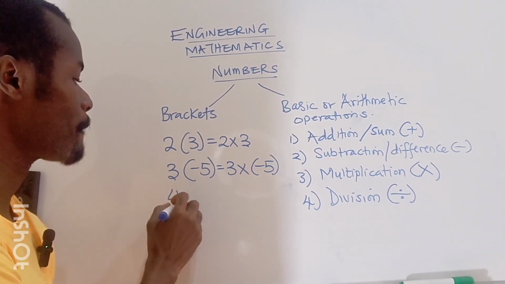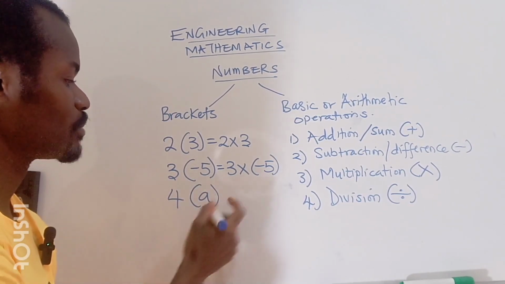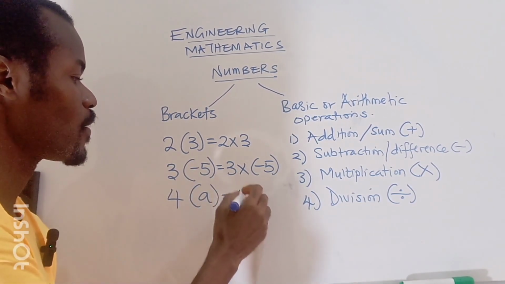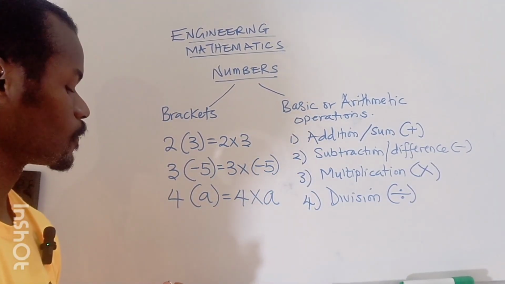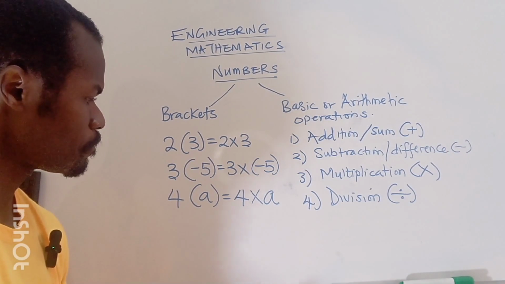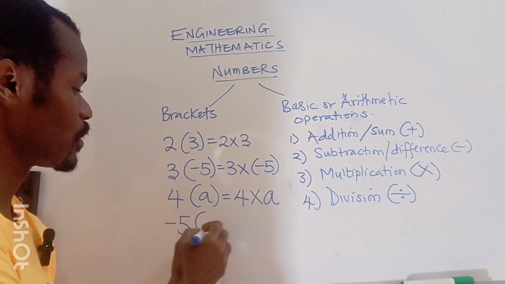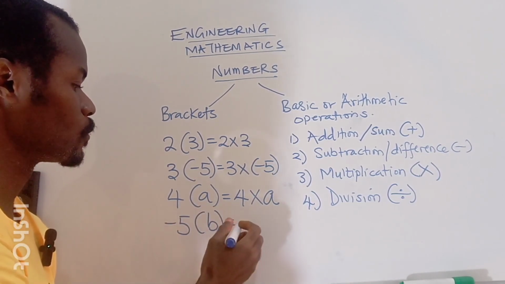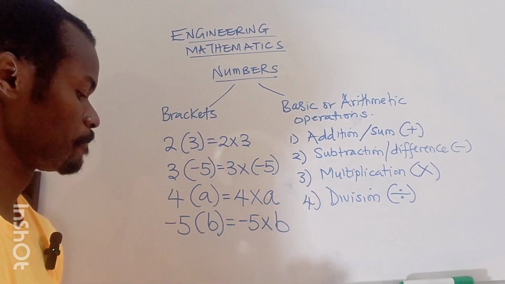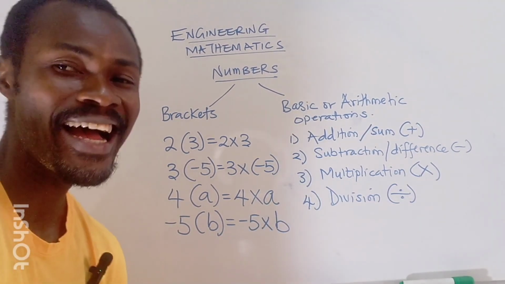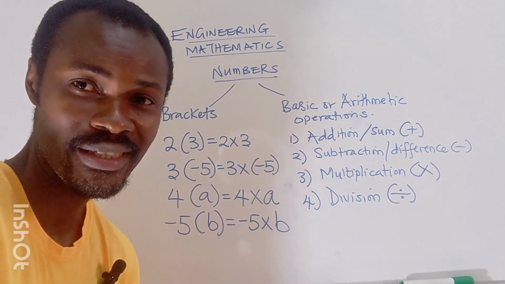If I have 4 bracket 8, the bracket here means multiplication, so I can write this as 4 multiplied by 8. We can also write minus 5 bracket b, which is minus 5 multiplied by b.